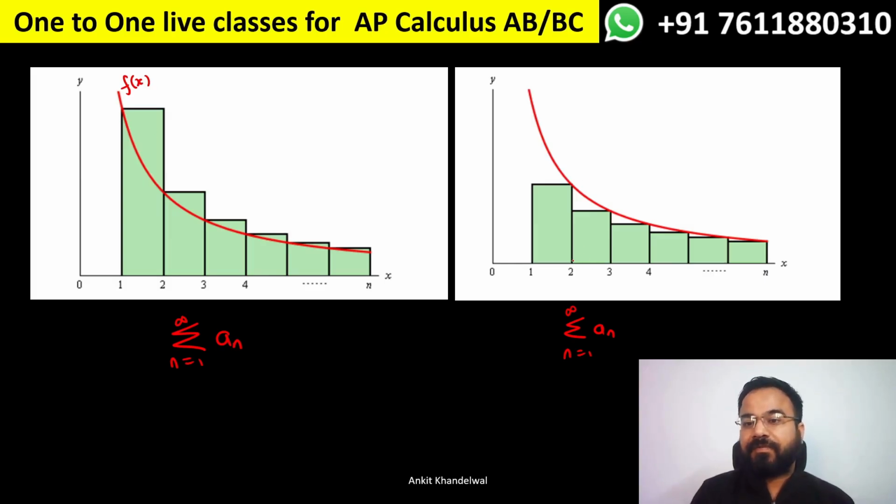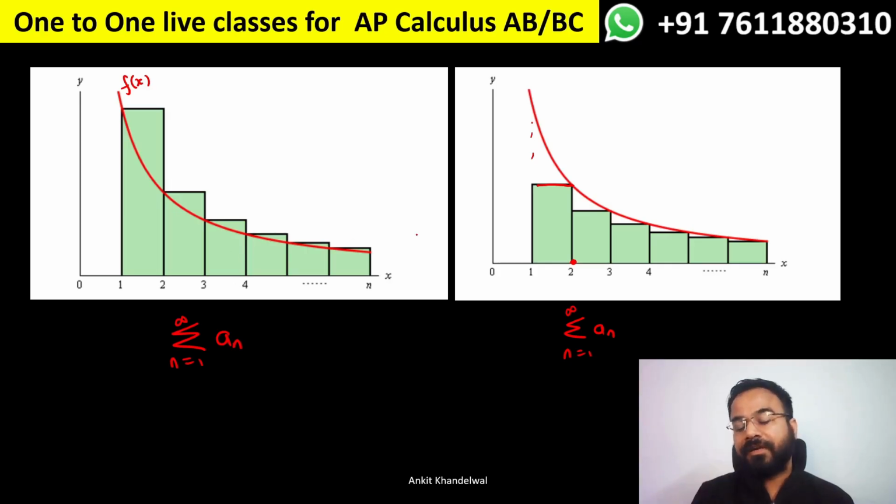And when we start from the right side, taking the first rectangle at the point 2, the height is at 2. In this case the area of the rectangles is less than the area under the curve, because this much is left. So if our integral converges, meaning it gives a finite answer, then the area of the rectangles will also be finite, and in that case we can say the series is converging.